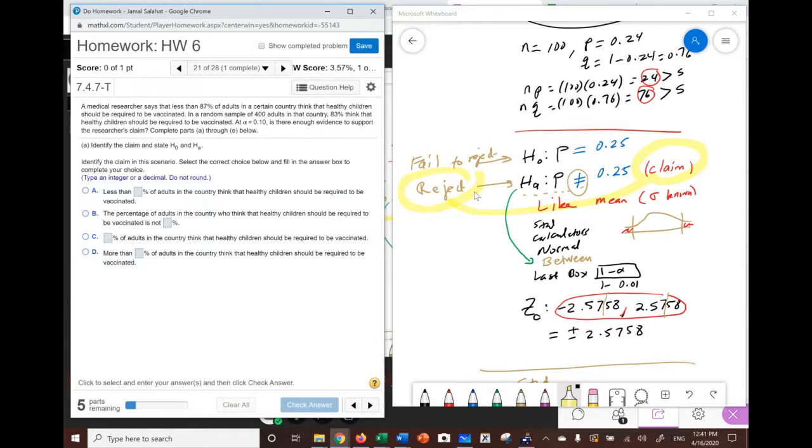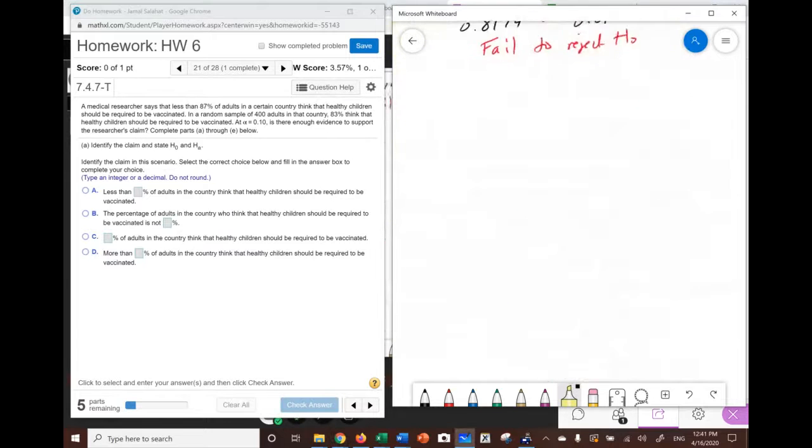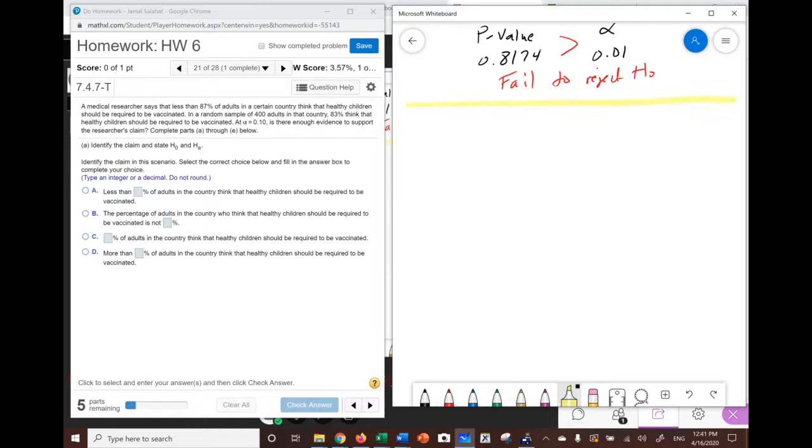Now let's go to the next one. The next question is talking about a medical researcher. When the medical researcher says something, it is the same as a claim.